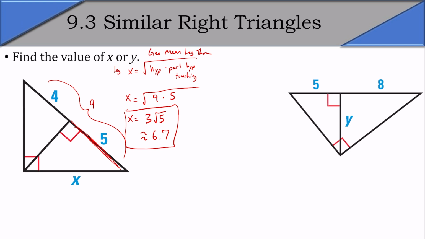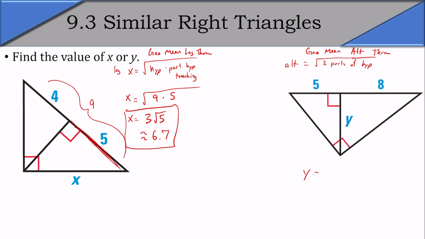Let's try another one. y is the altitude, and we know the two parts of the hypotenuse, so we could use our geometric mean altitude theorem, which says the altitude equals the geometric mean of the two parts of the hypotenuse.